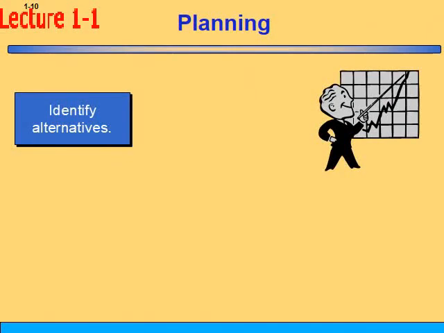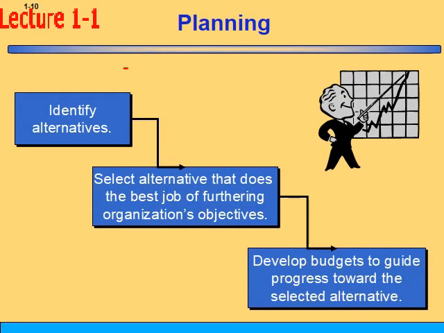Number 1 is to plan, an important part of the management process. It is to identify alternatives and then select from among them the one that does the best job of furthering the organization's objectives. The last part of planning is to develop budgets to guide progress towards the selected alternatives.